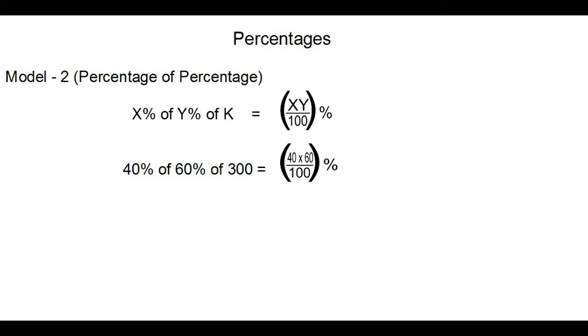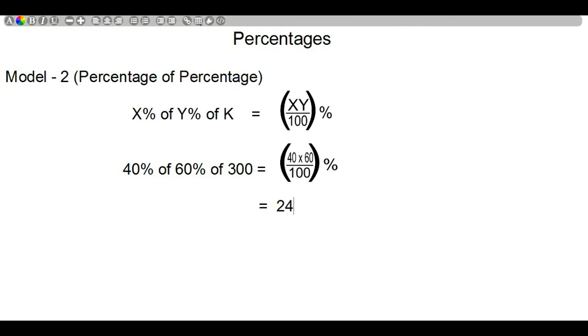Now 40 into 60 by 100 is equal to 24. So this is 24% of 3000. And 24% of 3000 will be equal to 720. So we can say that 40% of 60% of 3000 is equal to 720.